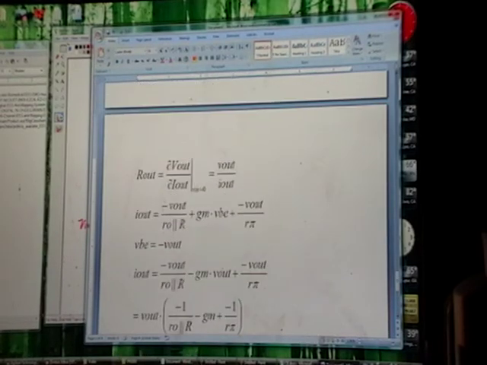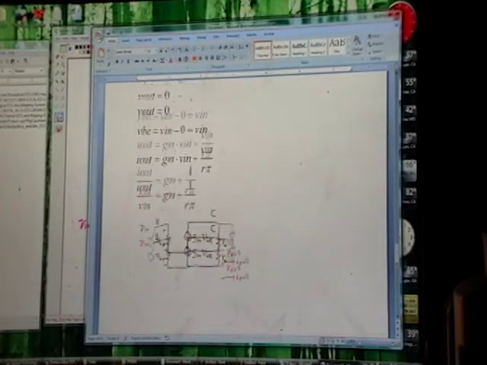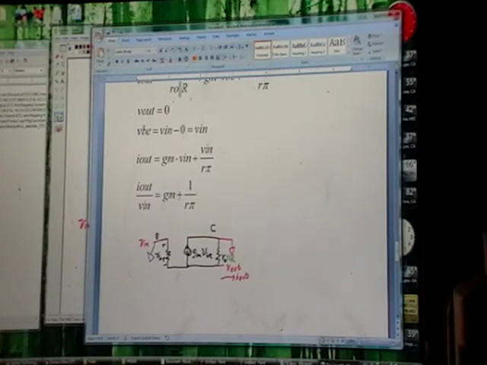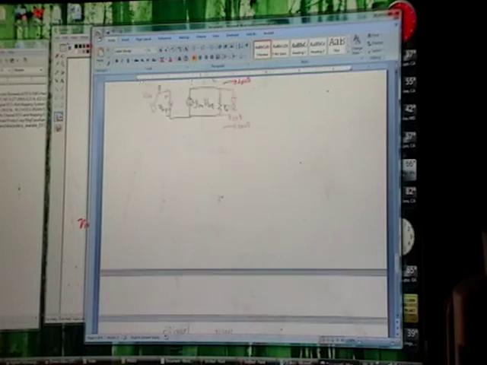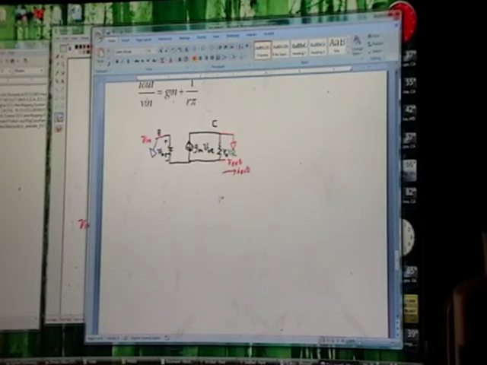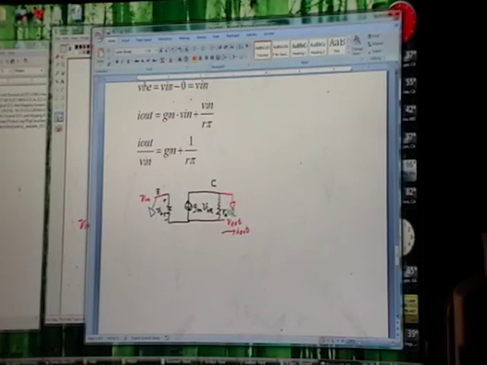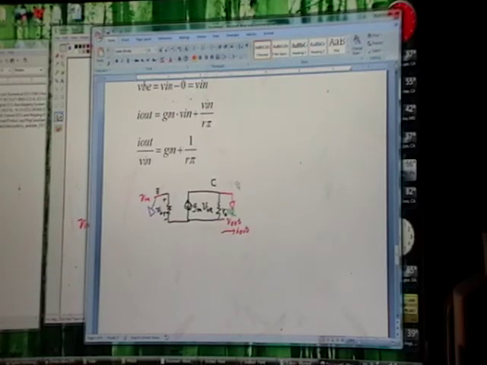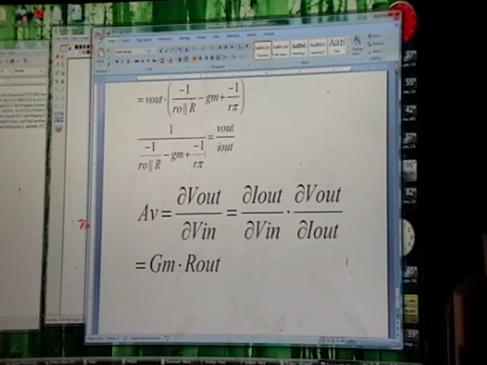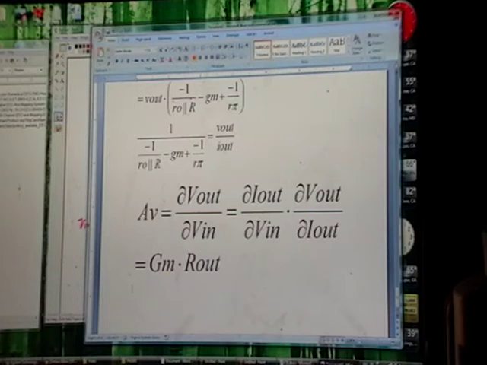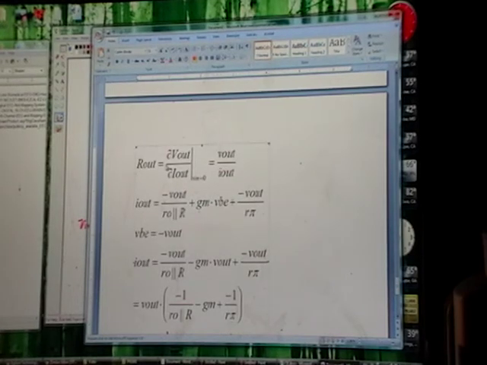We just figured out R out here, and we just figured out GM here. Big GM is little GM plus 1 over R pi. So big GM, the GM of the entire circuit, is the GM of that transistor plus 1 over R pi. So let's go over here for a second and steal this one. So we know R out.